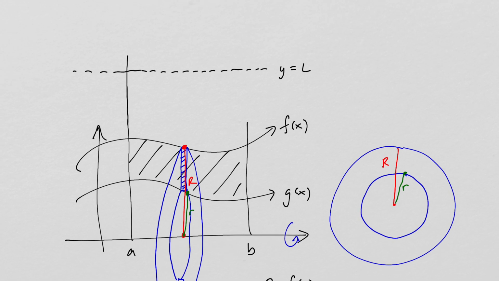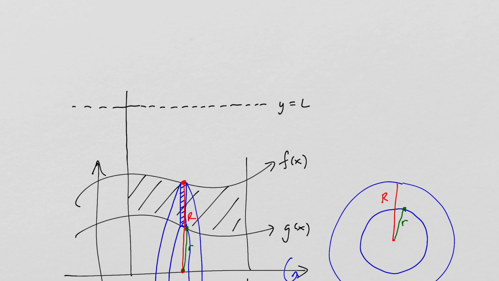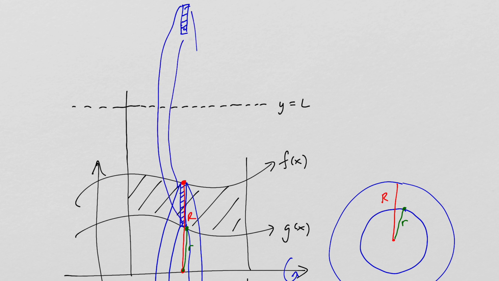Now, when you rotate around this line, you're no longer getting this shape down here. You're taking this rectangle and you're rotating it around this way. So when you do that, the mirror image of that rectangle is now up here, and the disk that you get is this way, okay? And then now your big R is completely different.